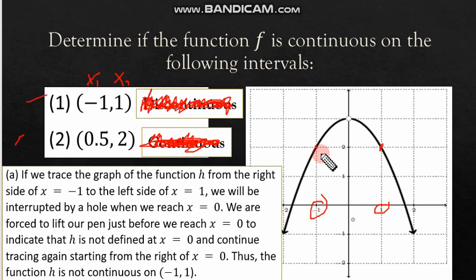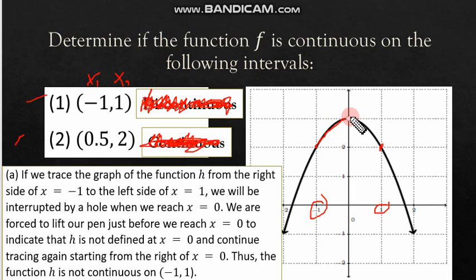If we trace the graph of the function from the right side of x equals -1 to the left side of x equals 1, we can see that there is an interruption because there is a hole at x equals 0.